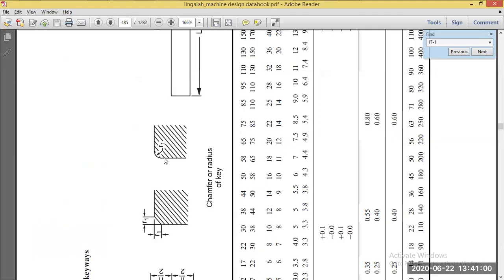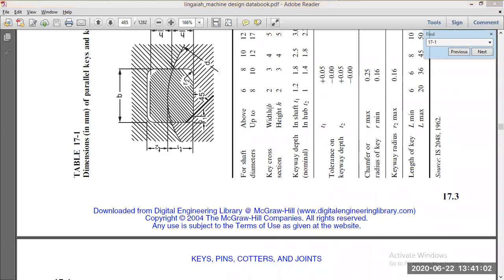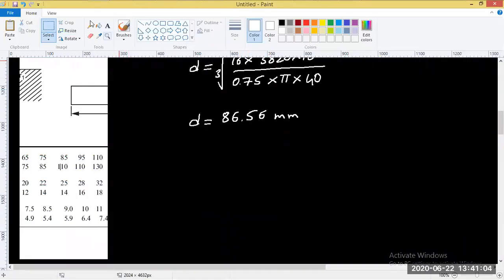So that was for B and H. We have B H, right? So here we have it. So for this diameter, from 85 to 110 mm, this is B and H. Value of B is 25 and value of H is 14. So let's copy that.